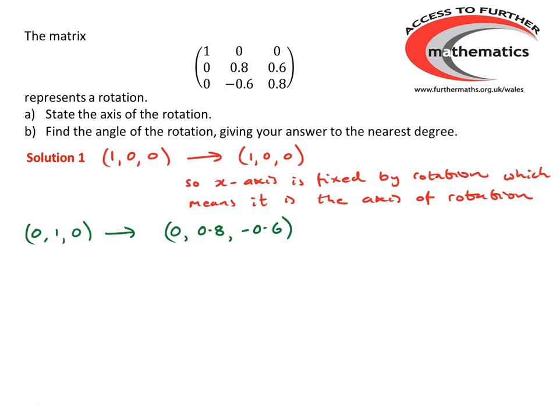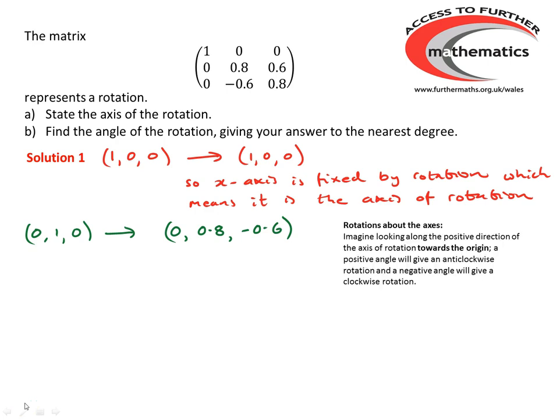Now, looking at the second column of the matrix, we can see that the point 0, 1, 0 is mapped to the point 0, 0.8, minus 0.6. We now need to have a think about the convention about directions of rotations. So we must imagine that we are looking along the positive direction of the axis of rotation. In other words, we're looking along the positive direction of the x-axis towards the origin.